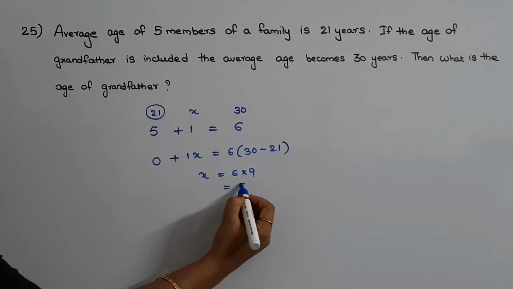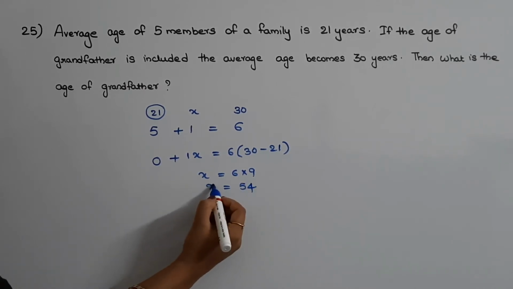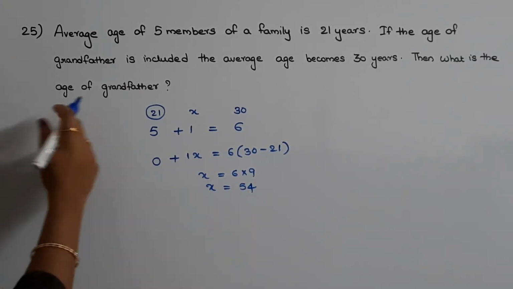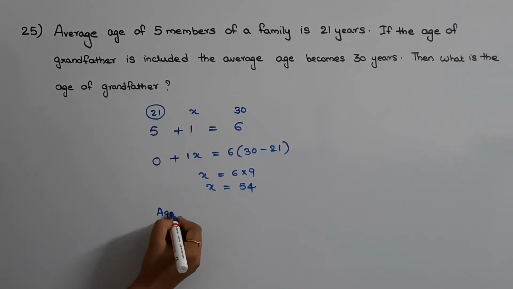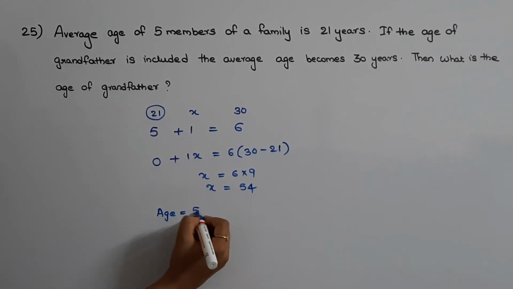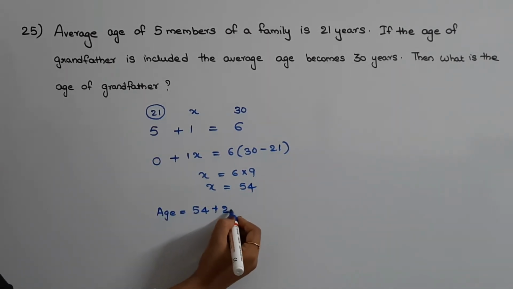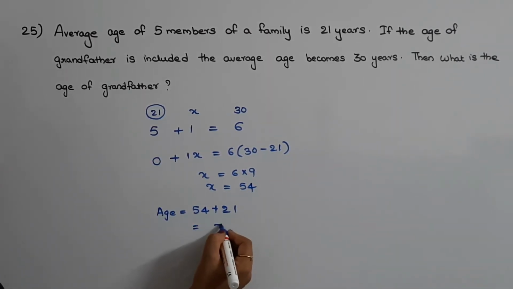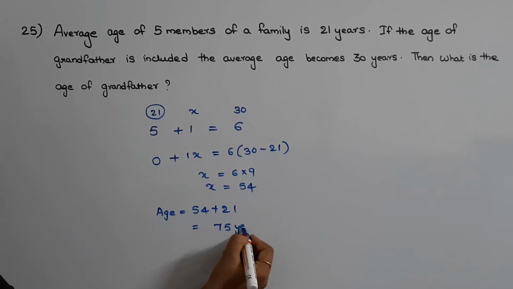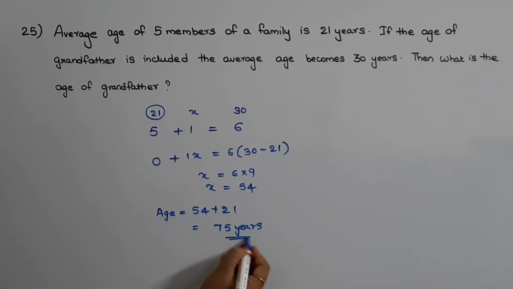That will be equal to 54. Now this is the increase in the value. Hence the age of grandfather will be equal to this 54 plus the reference value. Now reference value is 21. So that will be equal to 75 years. Hence the age of grandfather is 75 years.